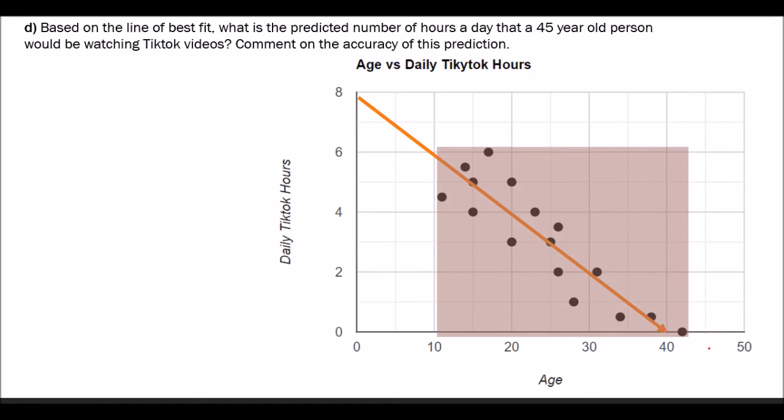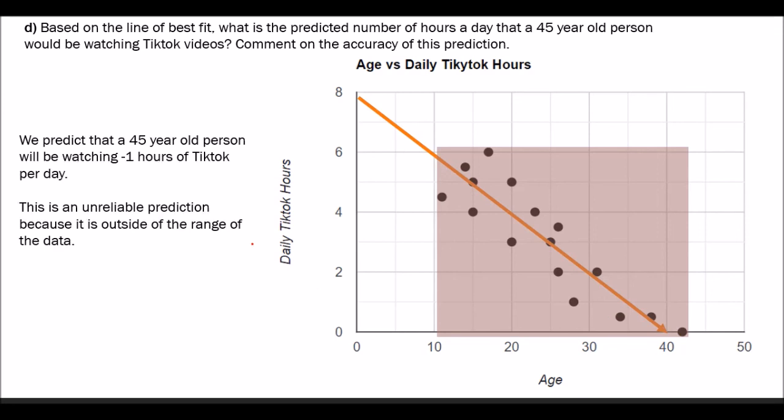Not really. Negative 1 hours doesn't really make sense. It would be an unreliable prediction because it's outside that range. Also, as I drew here, it's possibly going to be here somewhere. And it's impossible for anybody to be watching negative hours. Doesn't make sense.